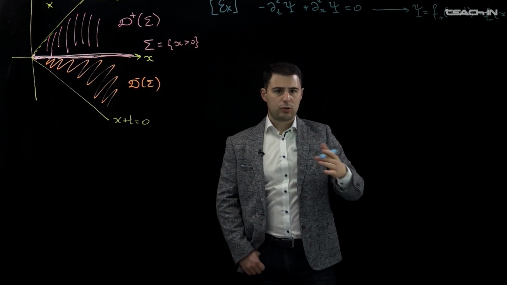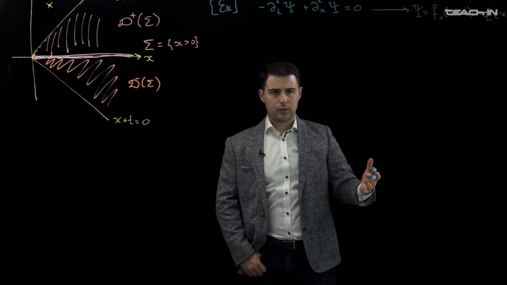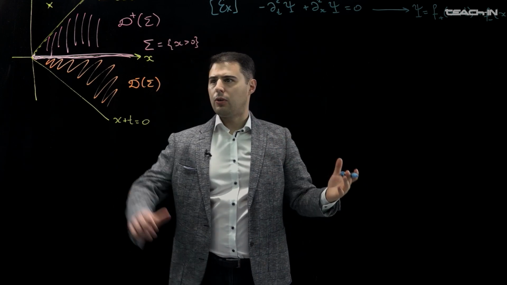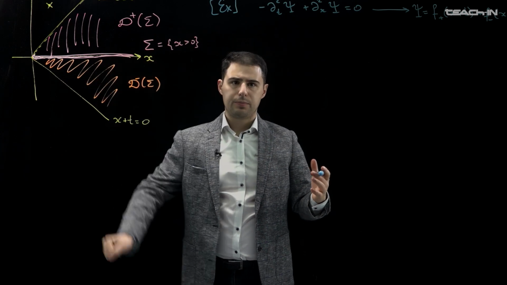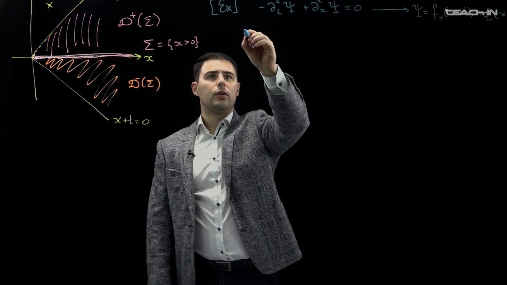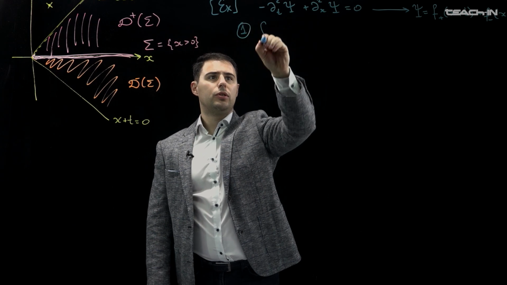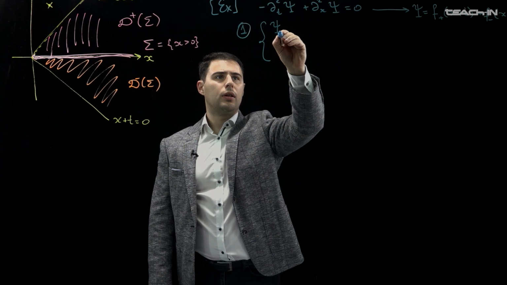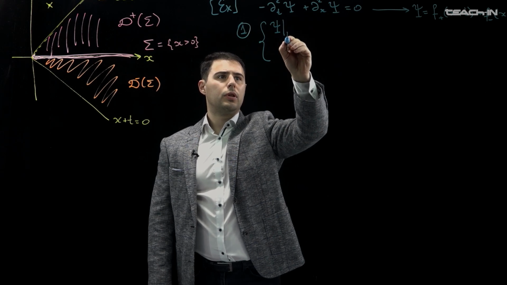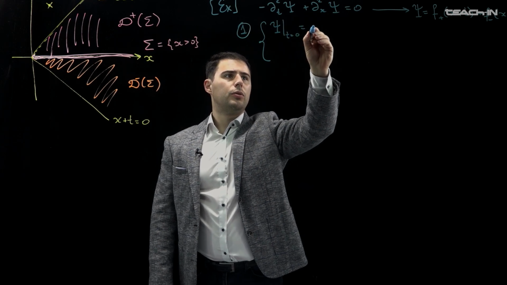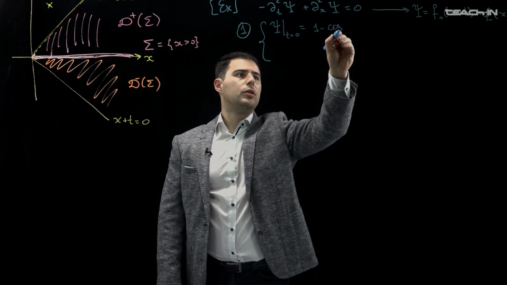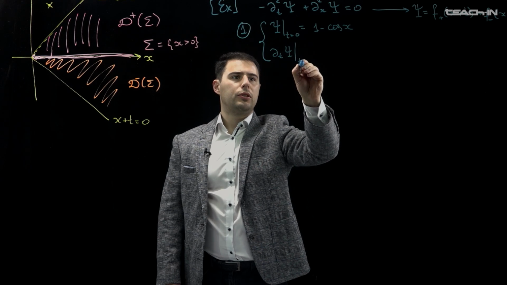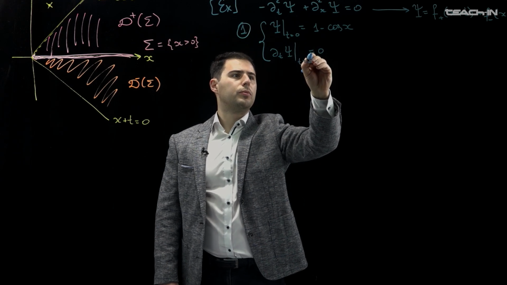Now, let us consider two sets of initial conditions that agree on the domain. The first set of initial conditions is given by f at t equals 0 equals y minus cosine x, and dt of f at t equals 0 equals 0.